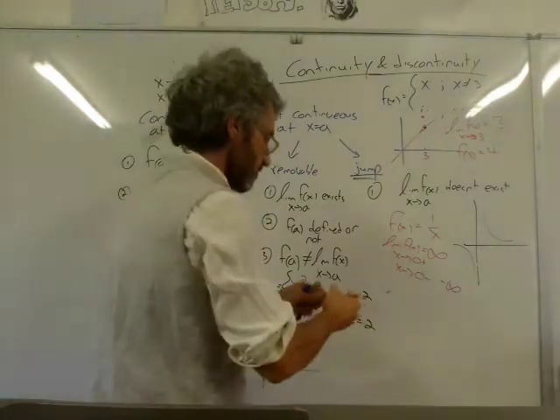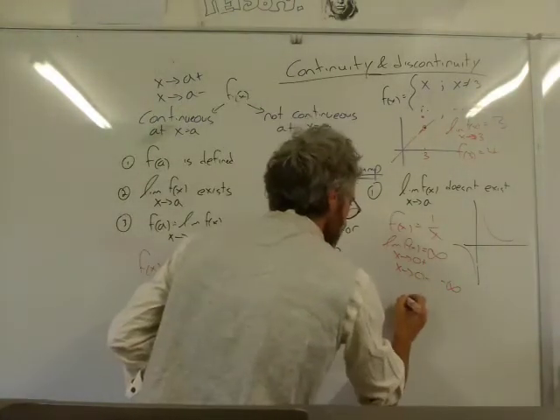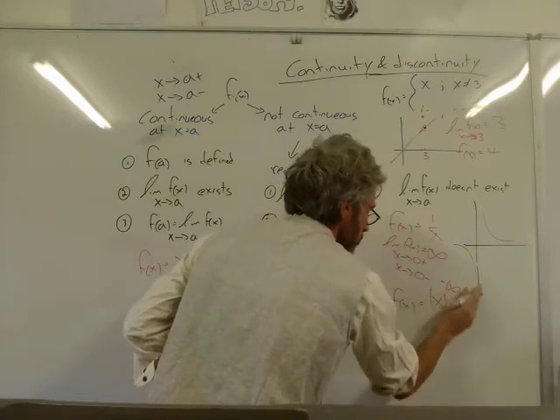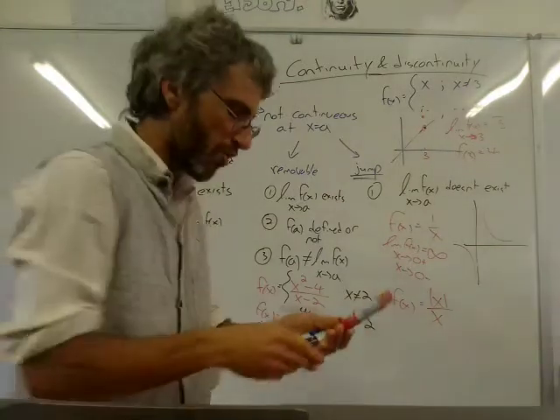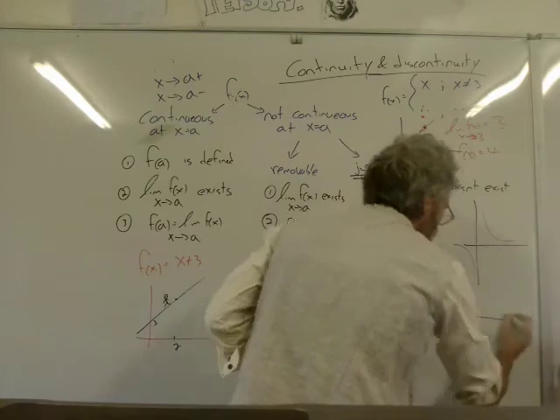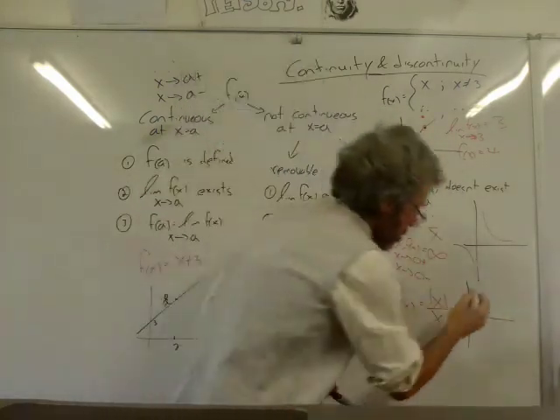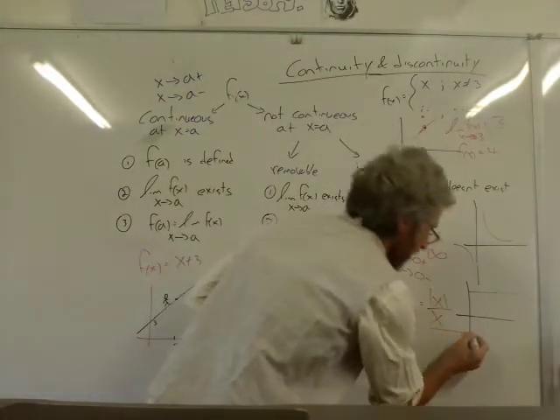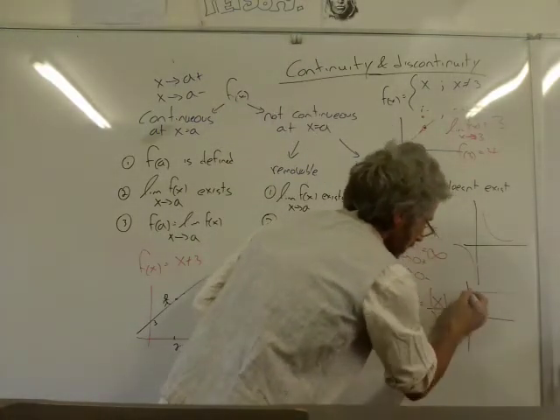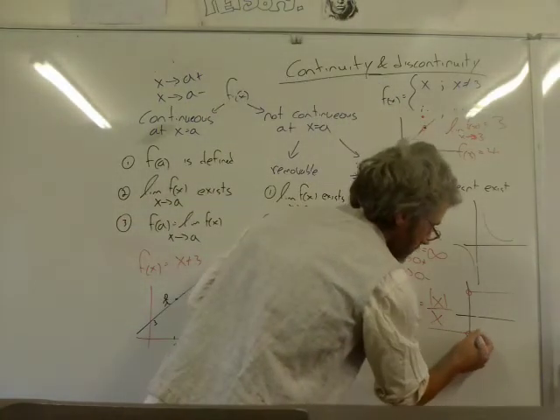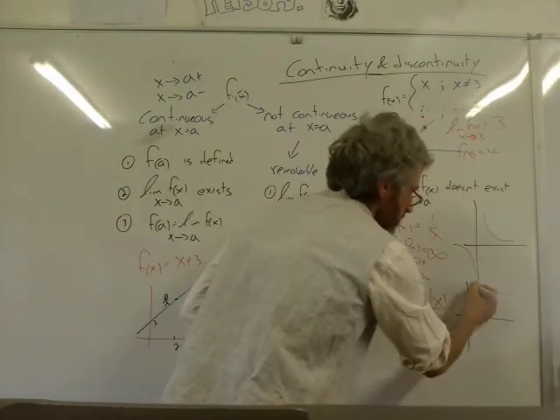The second example will be something like this. I think we saw f of x equals the absolute value of x divided by x. I'm not going to go through the whole thing, but we did draw this graph a couple of times, and we know that it looks like that. We've got two straight lines, and before 0 it's minus 1, and after 0 it's plus 1.